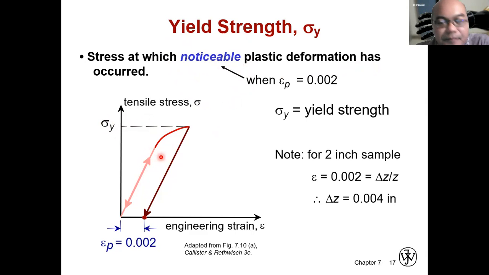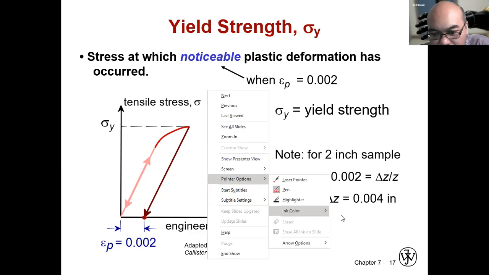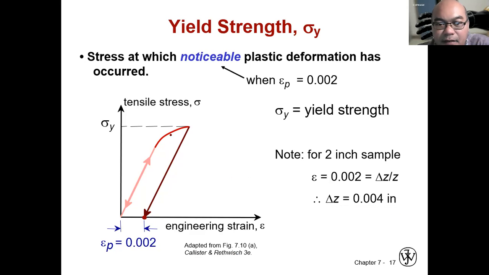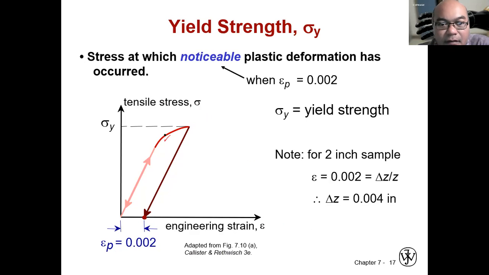So, for example, when after the elastic region it is further deformed, maybe only until this region. For example, I only deform halfway here. Why is this not the yield strength?